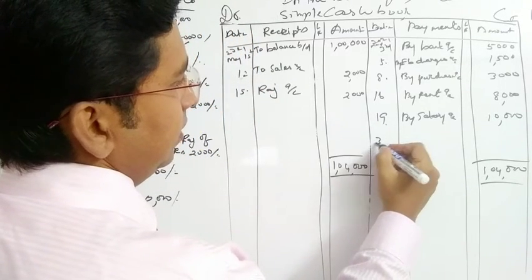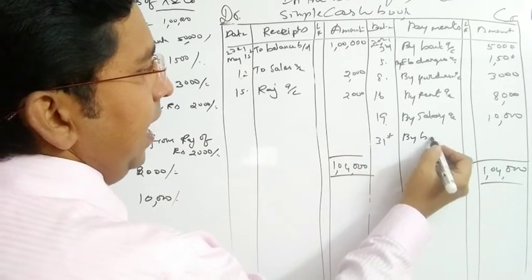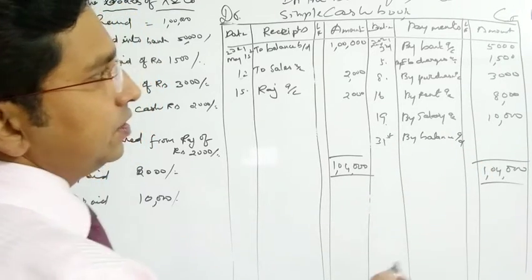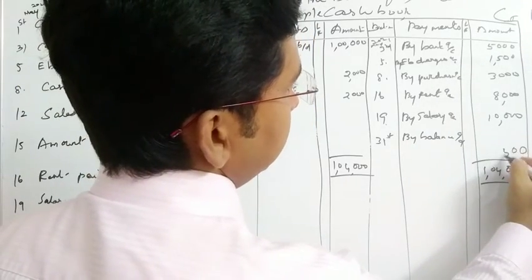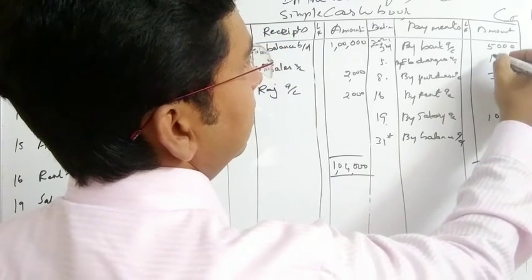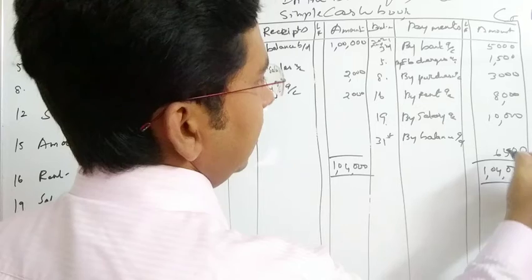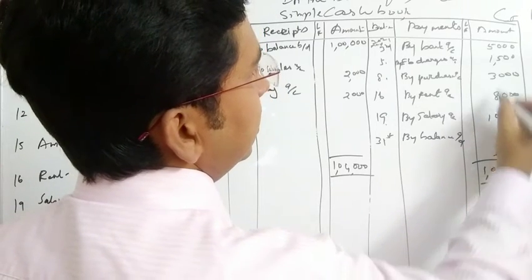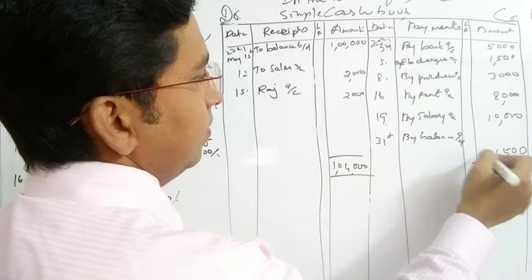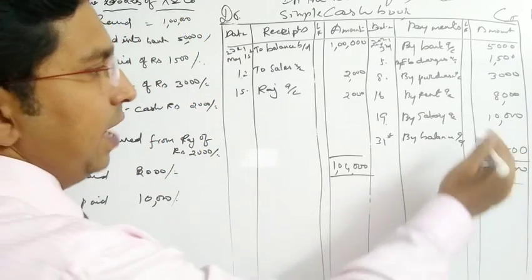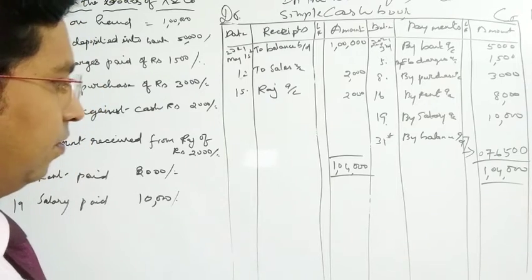On 31st May, by balance carried down, we add up the payments and find the balance. This is the balance carried forward for the next month.